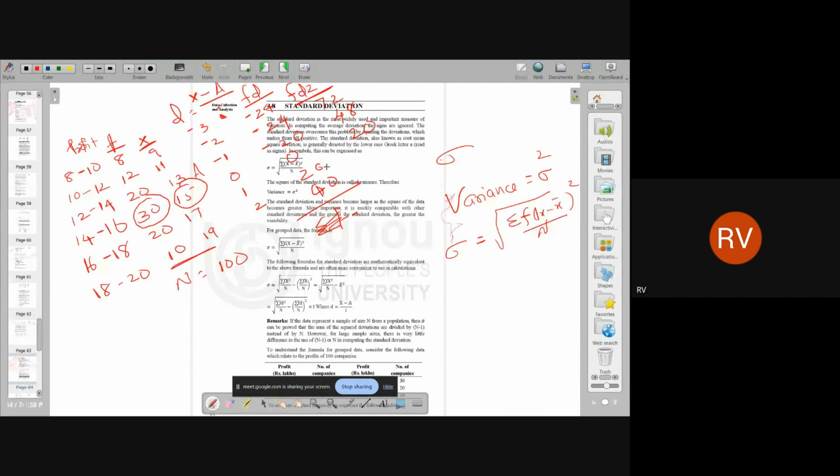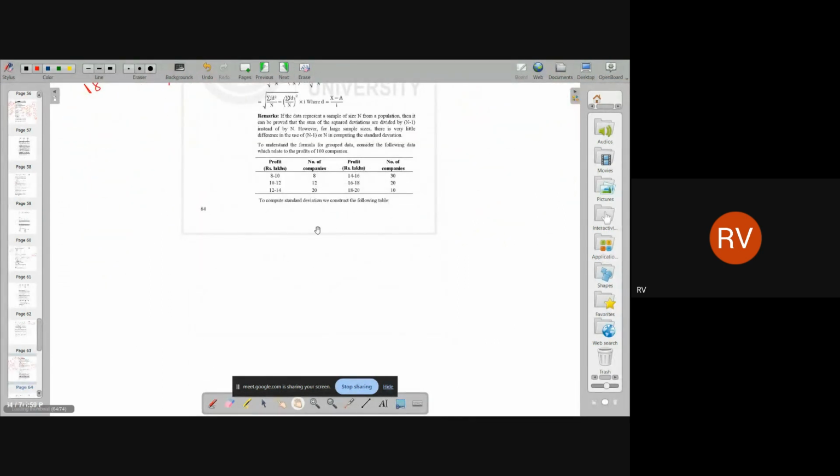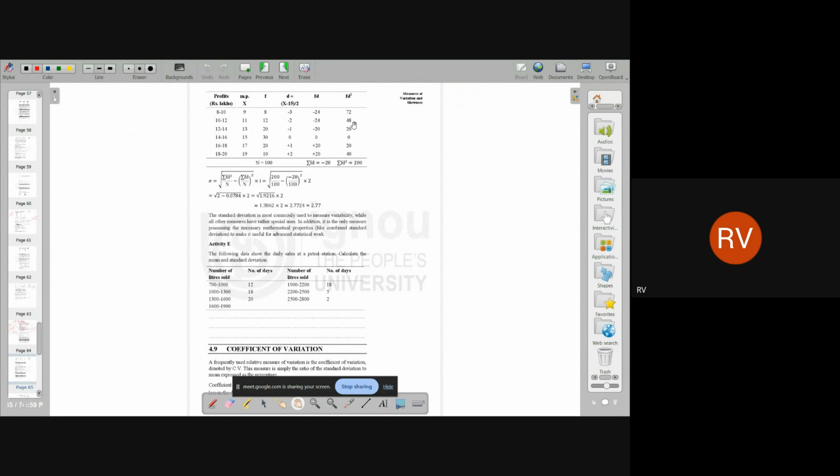Then 20 into 1, that is 20, 40 into 2, that is 40. FD square: 72, 48, 20, 20, 40.